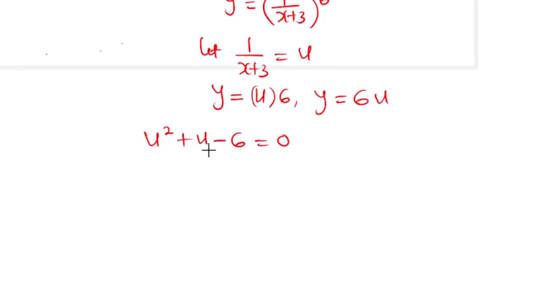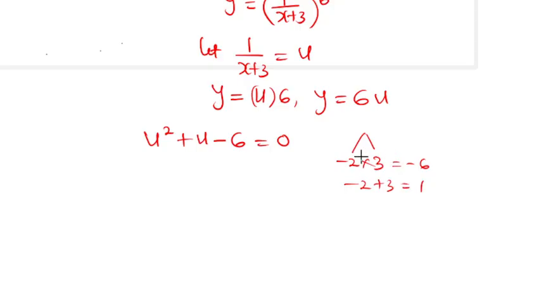So when we factor this, factors of 6, notice that negative 2 multiplied by 3 is equal to negative 6, and negative 2 plus 3 is equal to 1.